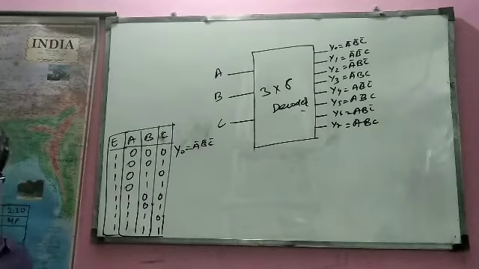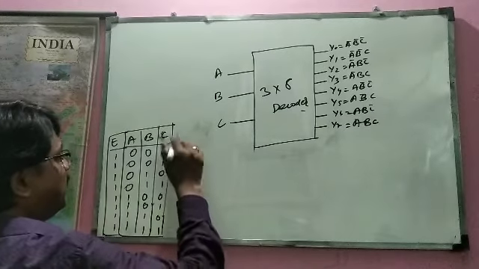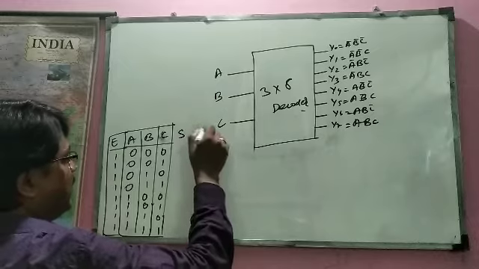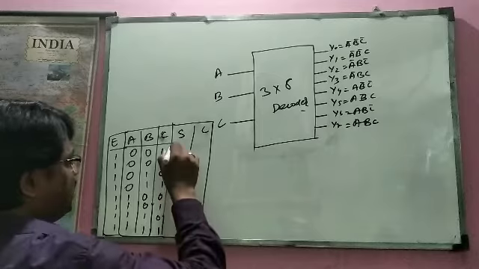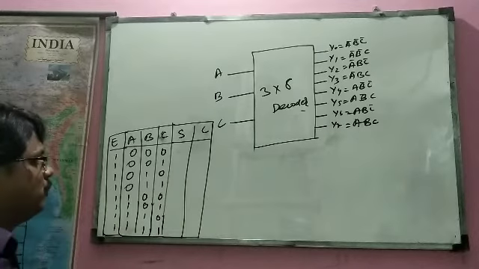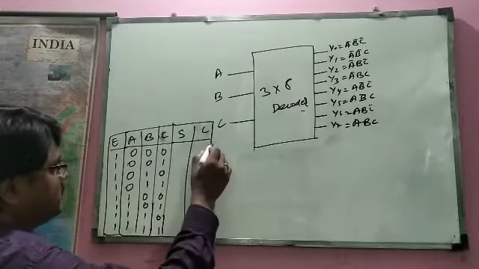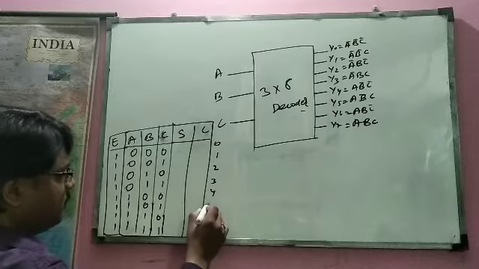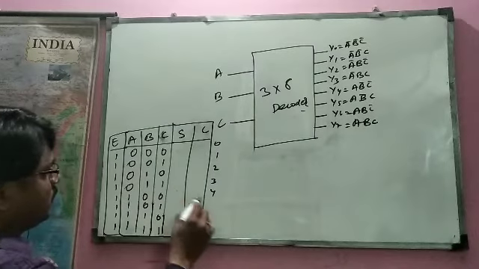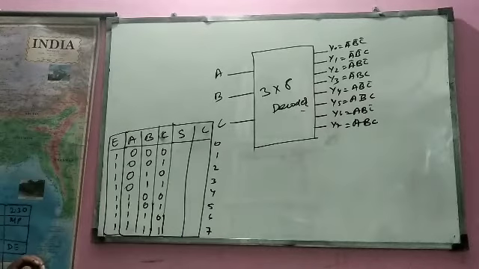If you remember, sum and carry were there, and there were 3 inputs in this circuit. Let us suppose these are 0, 1, 2, 3, 4, 5, 6, 7, so there are 8 numbers.